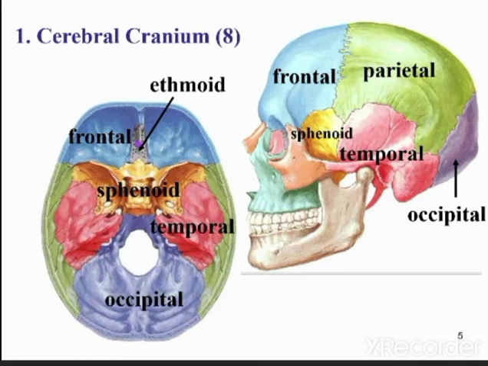Besides, the temple bone in red and the parietal bone in green are two, a pair of the bone.